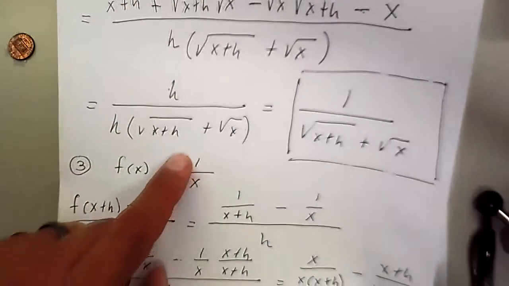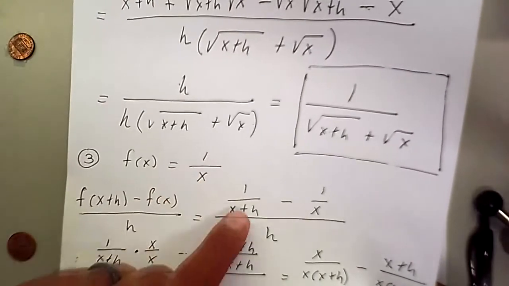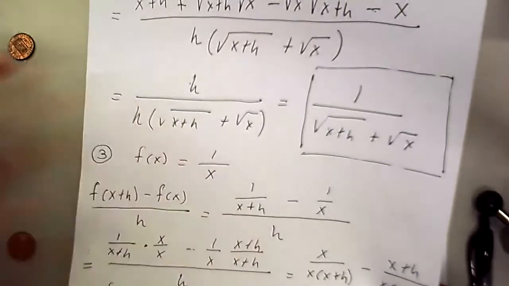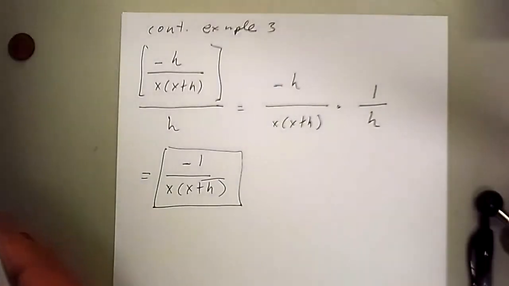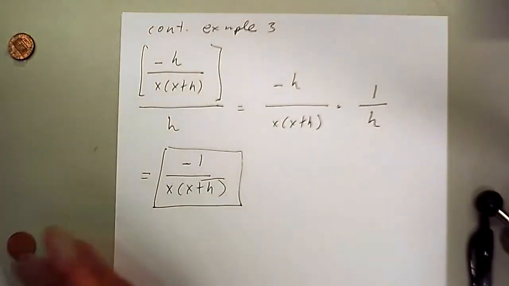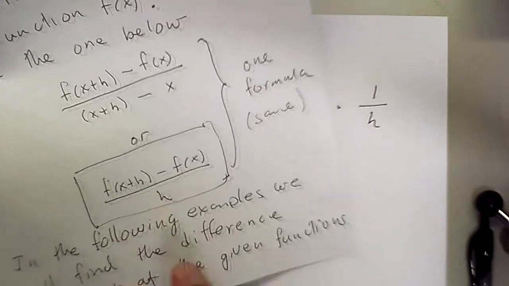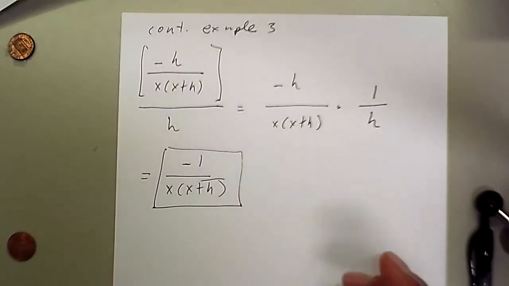If we have a fraction like this one, then we simplify fractions. Those are 3 different ways of doing difference quotients depending on the function we have. Yes, the initial formula is the same, but the way we simplify after we plug in the function is different. We cannot apply the same thing over and over again.